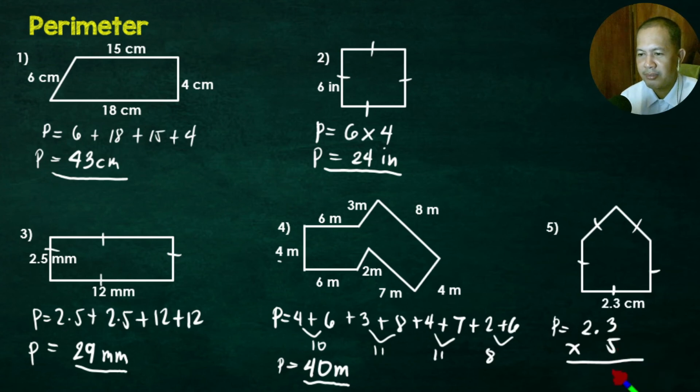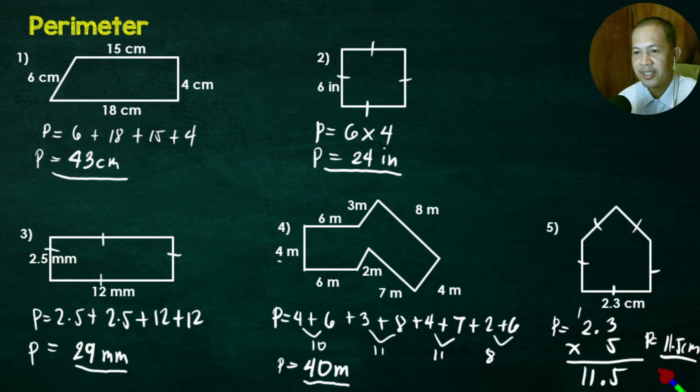So, we have 5 times 3, that is 15, carry 1, and 5 times 2 is 10 plus 1, that is 11. And then, we put the decimal place 1. So, ang ating perimeter dito sa example number 5, that is 11.5 centimeter. Okay, that is how we find the perimeter, just adding all the sides of our figure.